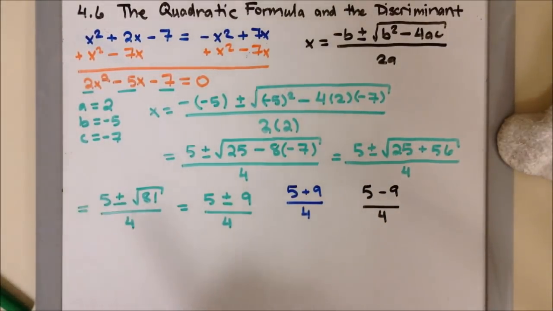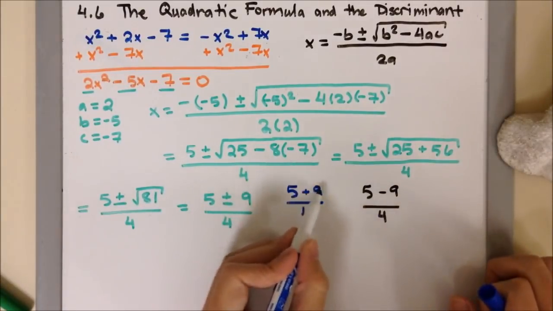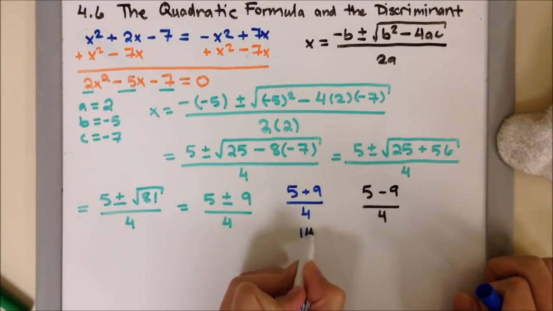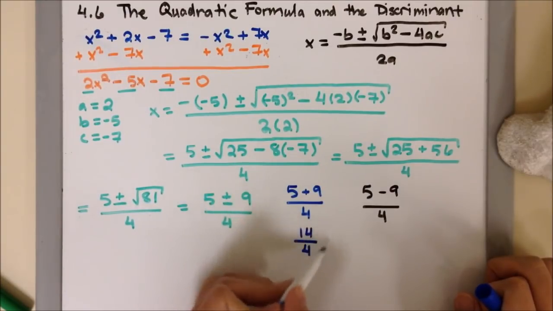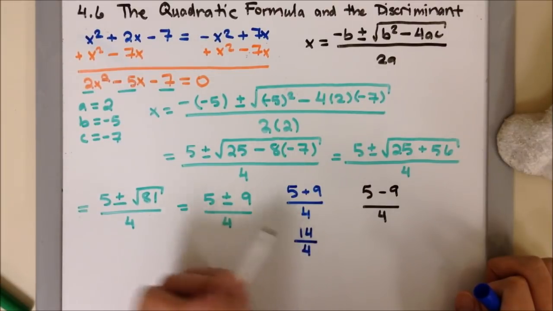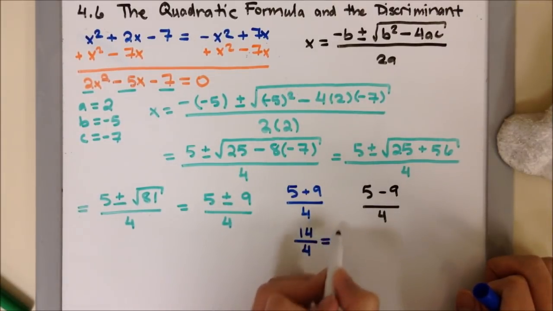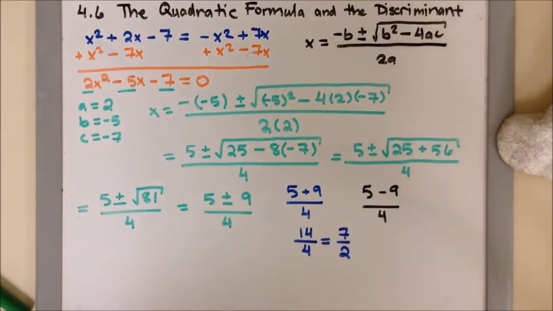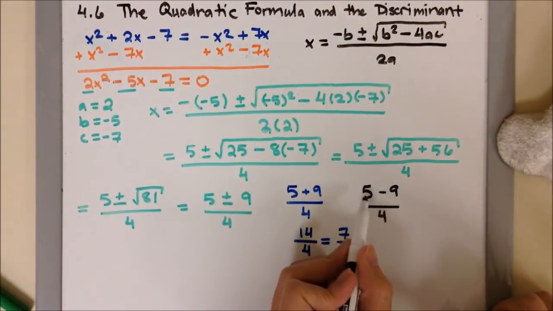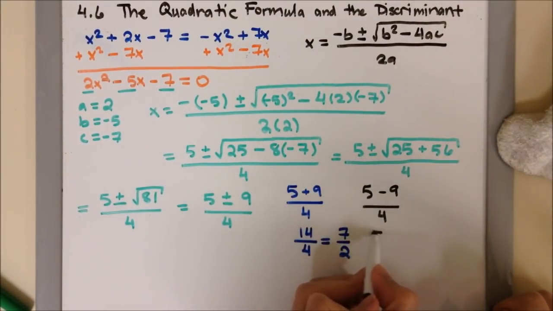Alright, so our first fraction, 5 plus 9, that would be 14 on the numerator, and then I still have my denominator, which is 4. You can simplify the fraction because 14 and 4 are both even numbers. You can divide the top and bottom by 2, which will become 7 over 2. Now the second fraction, 5 minus 9, that will be negative 4 in the numerator. My denominator stays the same, which is 4.